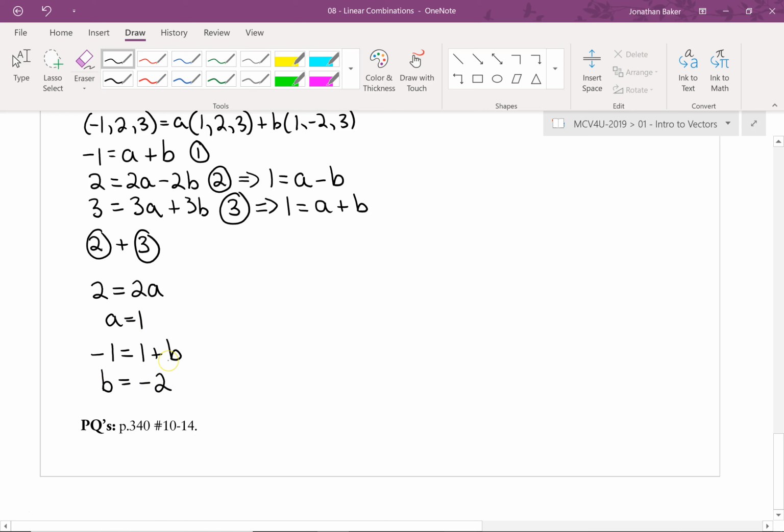So this needs to be true for all of these equations. So let's check, first of all, equation 2. Well, we would have left side is equal to 1, right side is equal to A minus B. So this would be 1 minus negative 2, which is 3.